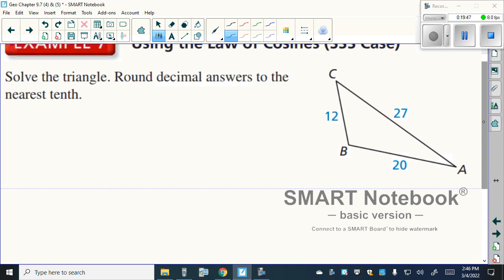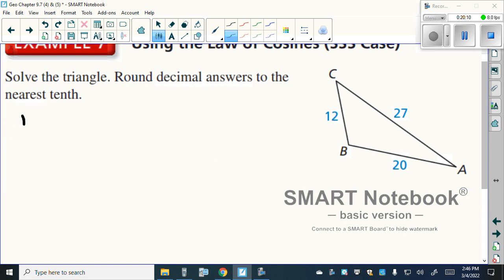Because if I have 2, well, I know all 3 add up to be 180. So I need at least 2. So looking at this here, A, B, and C, which 2 do we want to find? B and C. Because it really doesn't matter which 2 we find, as long as we find 2 of them. There we go.